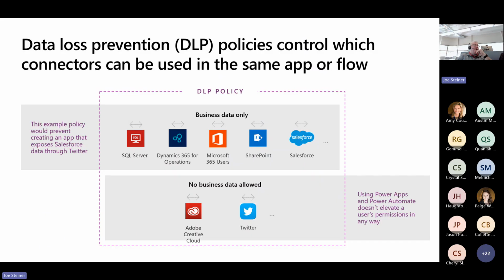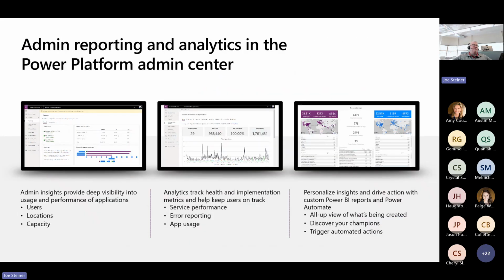So if I have a policy that says I can only use trusted business data sources, and this individual can only access this here, well then that'll be allowed, but it'll exclude other things, and it won't change the permissions to allow things to operate against other policies I may have set for DLP or for different security things. So it respects the existing permissions and controls that exist inside of the environment.